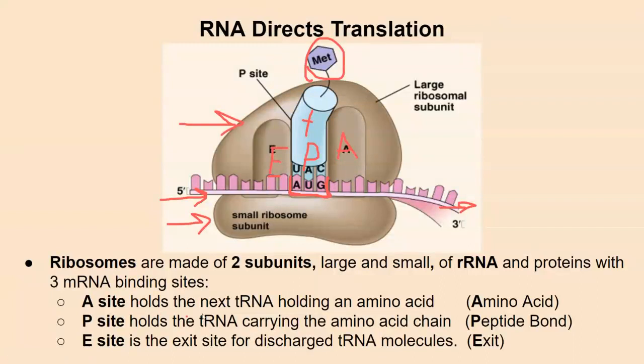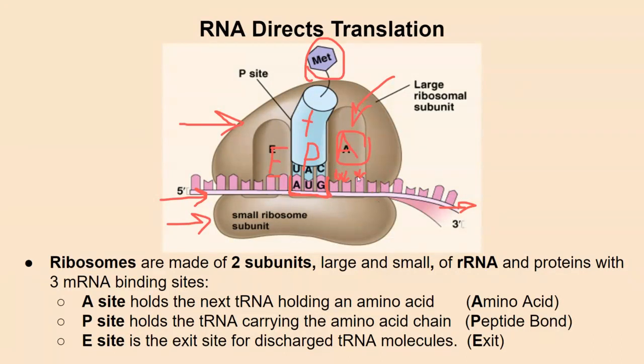It's APE, so it's easy to remember. The A site, I say, represents amino acid, because the amino acid will come into this place and kind of try itself out. If the tRNA matches the triplet code, then it'll stay. If the tRNA does not match the triplet code, it will be rejected.